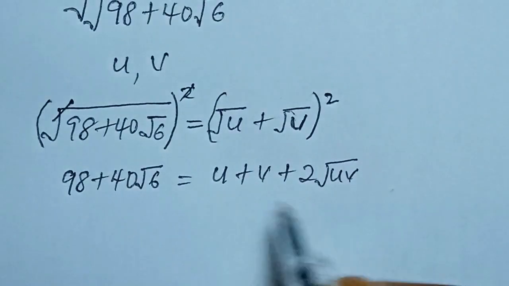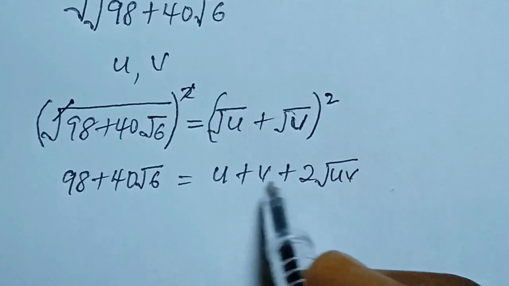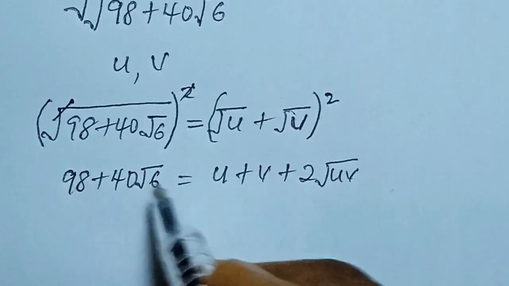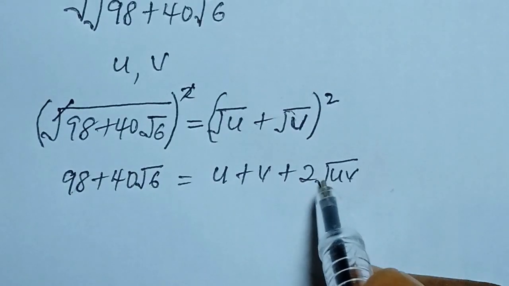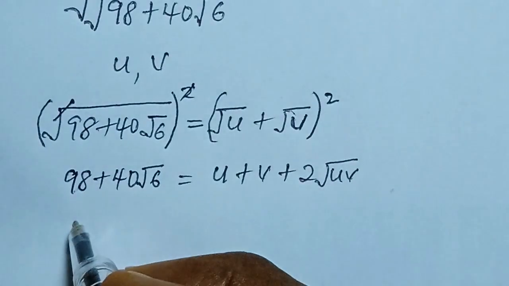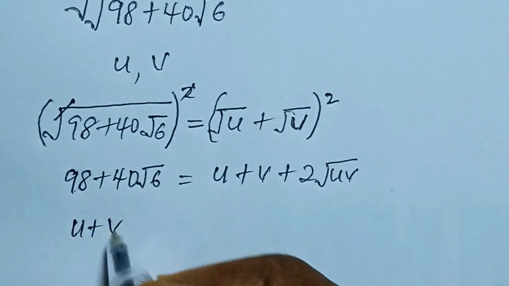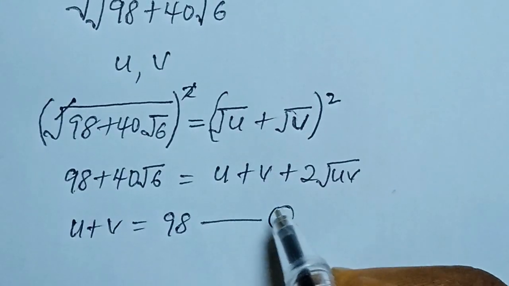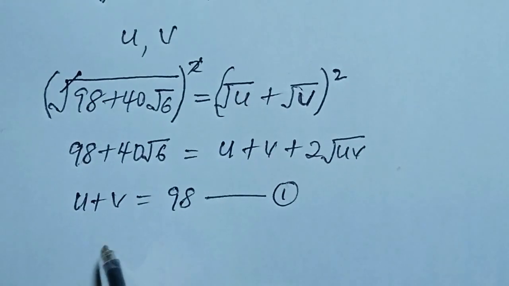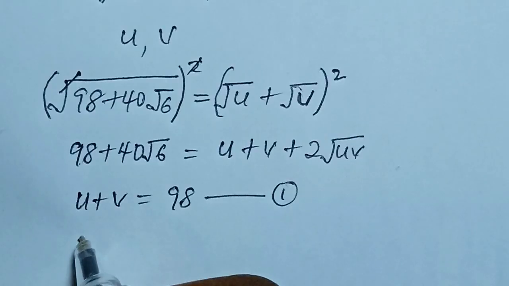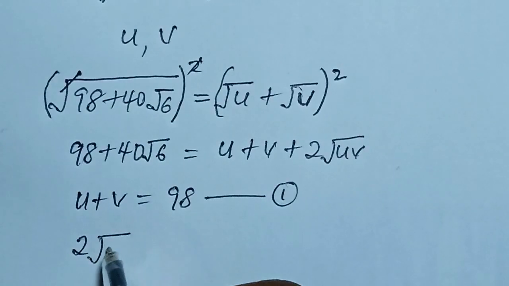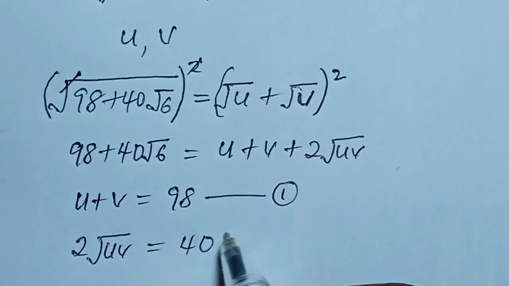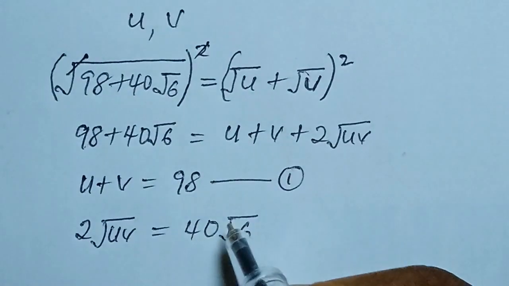Now here we can equate the rational part with this rational part and the radical part with this radical part. So it means that we have u plus v equal to 98. Let's call this equation 1. Likewise, we have 2 square root uv to be equal to 40 square root 6.